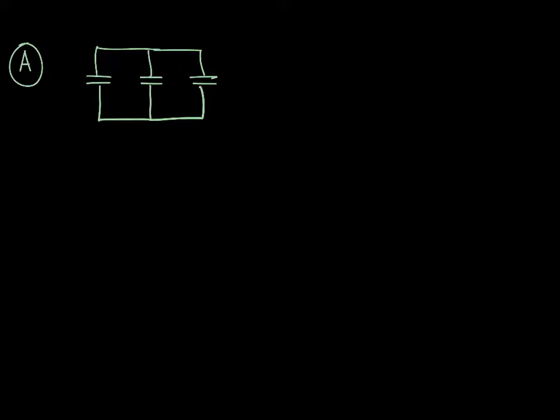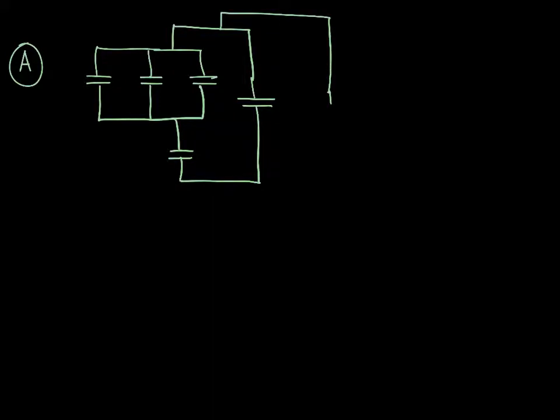So let's start with a circuit. It's got these 3 in parallel, and then we have branches off like that, and all of this is going to be connected to a battery.